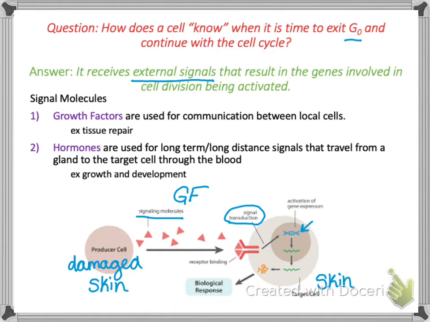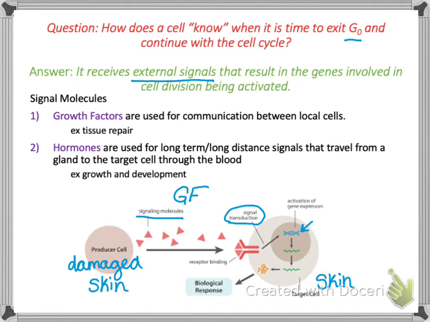So if it's in G0, for example, it might then tell the cell to go ahead and do some more G1 activities, or to start making the proteins needed for S, which is DNA replication. So we can see the genes get turned on, proteins are going to get made, and the cell is going to be basically doing the cell cycle now so that it can make new cells to replace the injured, damaged cells in your cut.